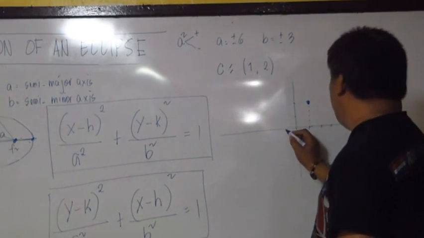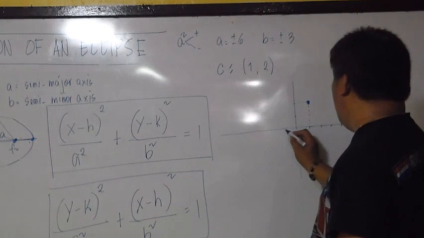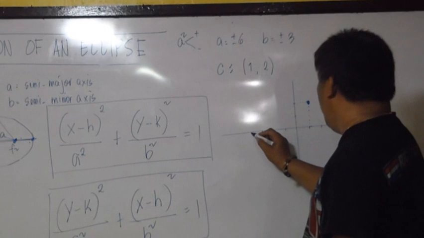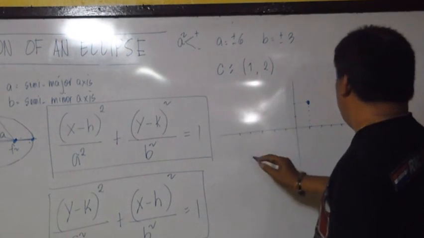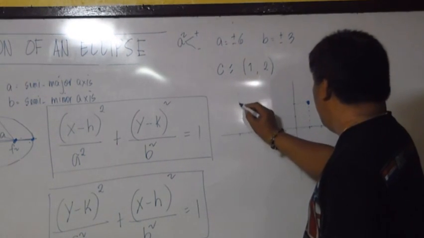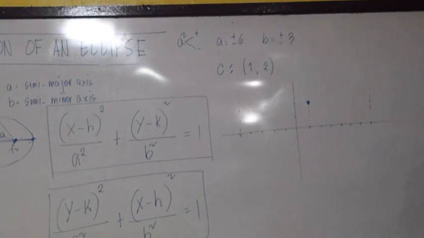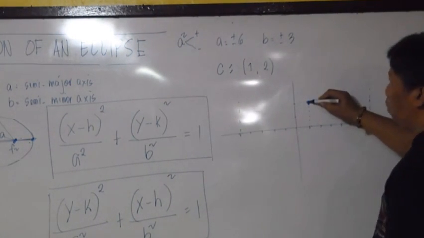Then we also have negative 6 on the left side: 1, then 2, 3, 4, 5, and 6. So this is where our other vertex of the ellipse is, and this is the center.